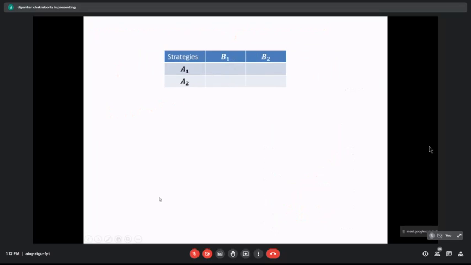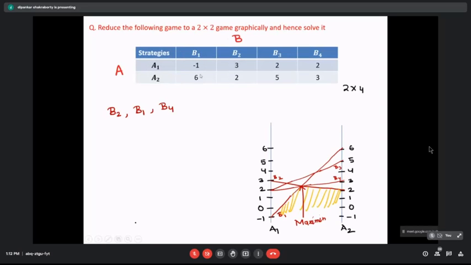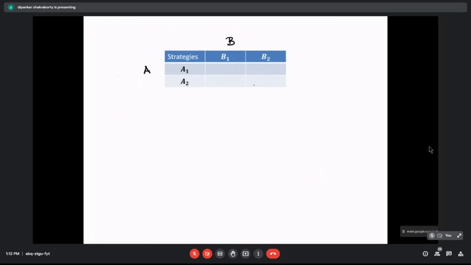What is going to come? Anyone? -1, 3, 6, 2, right? -1, 3, 6, 2. So what are the corresponding strategies for player A? X1 is what, bolo?